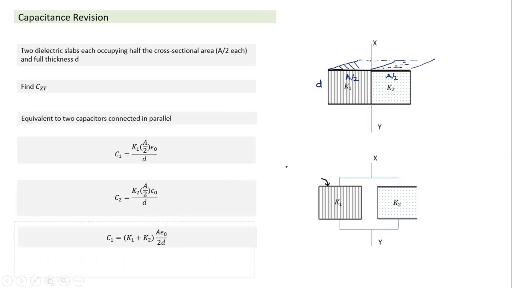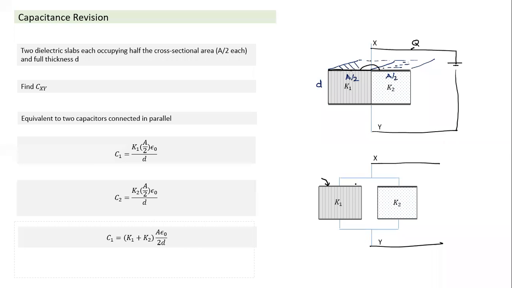That's the capacitance. Another point I would like to make here: if we connect it to a battery and the battery supplies some charge, and the total charge which has gone is Q, will the charge be equally shared between the two halves of the same conducting plate? No, it will not be equally shared. Just imagine it is something like this. If I connect a battery here, will the charge be equally shared between two capacitors? No, the capacitors are connected in parallel.